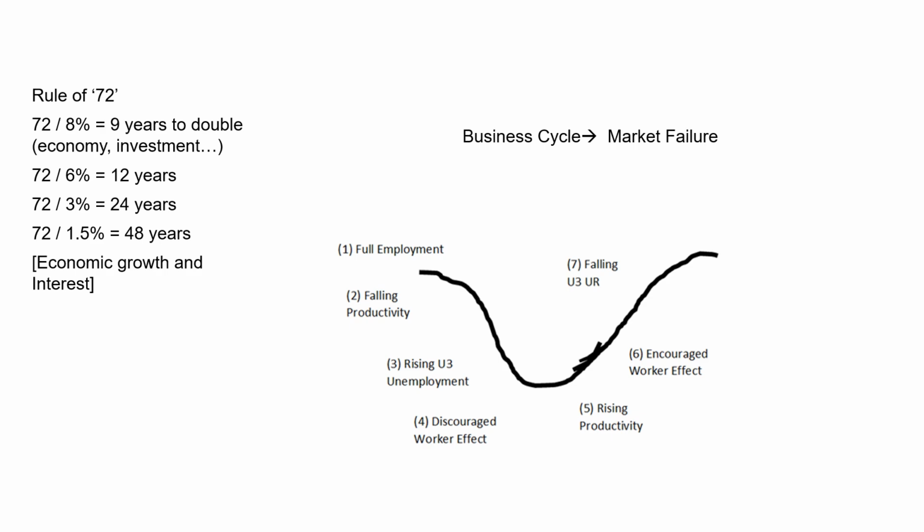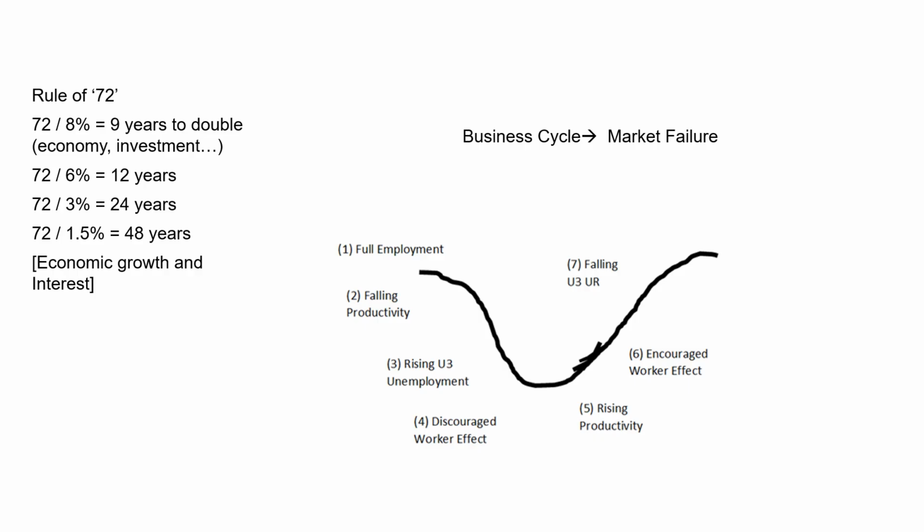And the beauty of that is that, if it takes 9 years for your investment to double, then after the first 9 years, if you had $10,000, it goes up to $20,000. And then in the next 9 years, it goes from $20,000 to $40,000. So it's that compounded interest, right? This is the beauty of the Rule of 72.